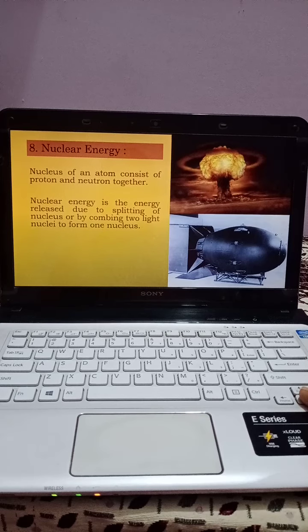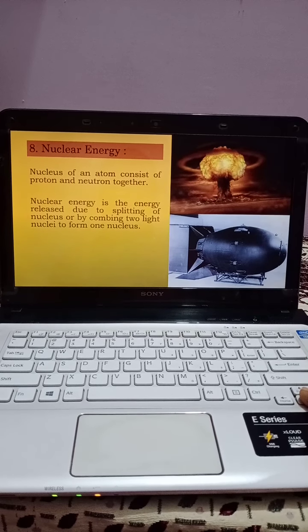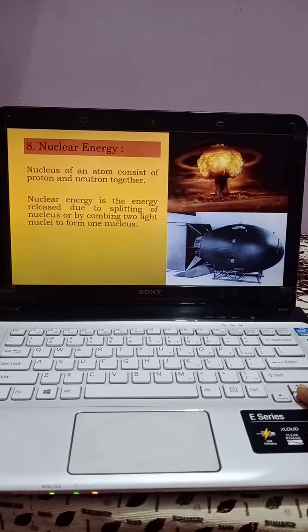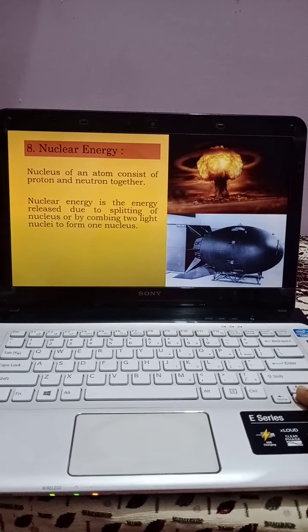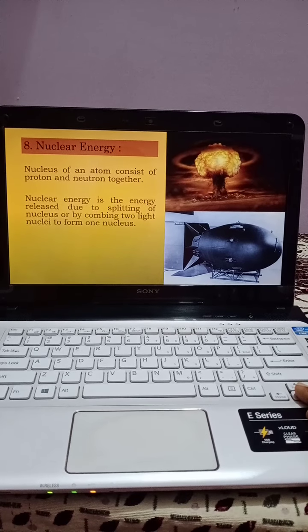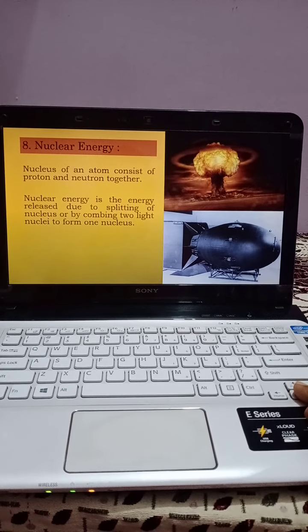So what is nuclear energy? Nuclear energy is the energy released due to splitting of a nucleus or by combining two nuclei to form one nucleus.